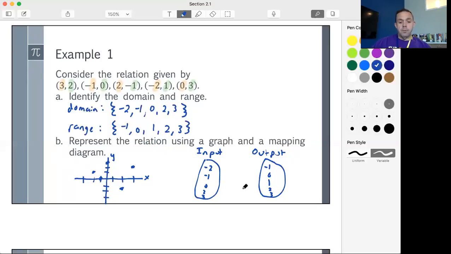Now the first point is (3, 2). So that says 3 goes to 2. -1 goes to 0 is my next point. 2 goes to -1, that's my next point. And then -2 goes to 1, that's this point. And then 0 goes to 3. And I have now done a mapping diagram.